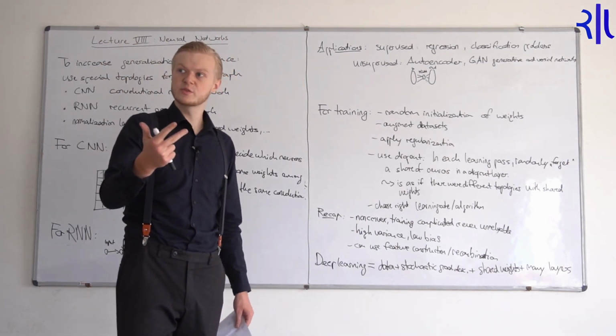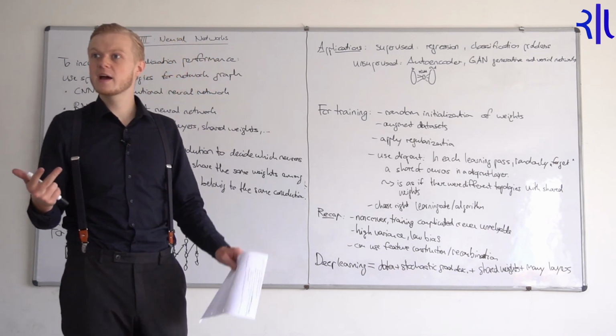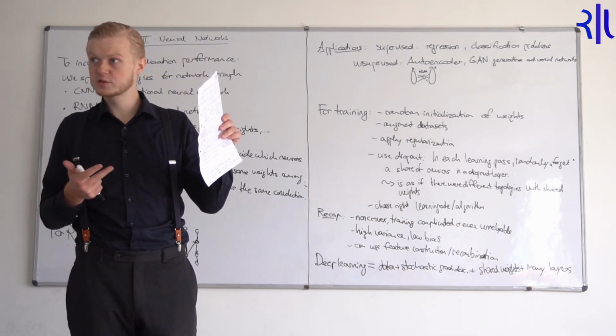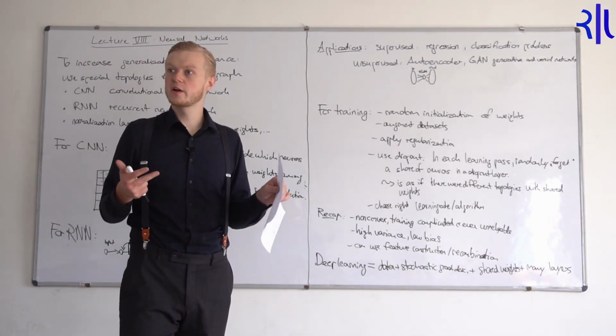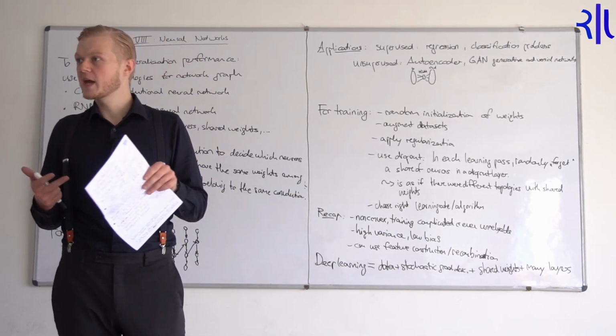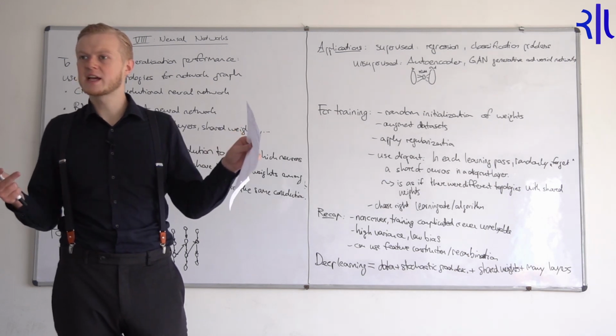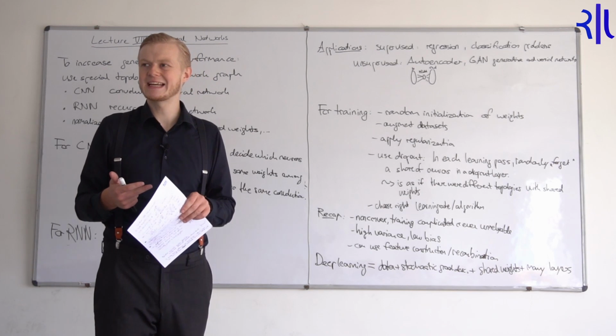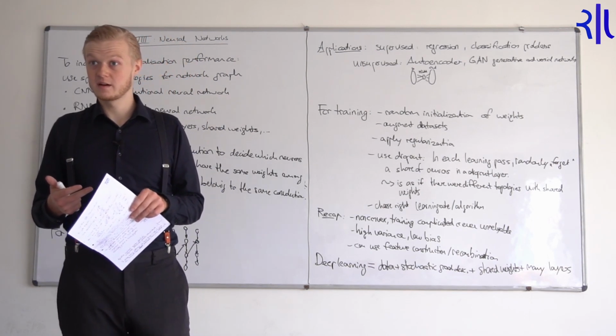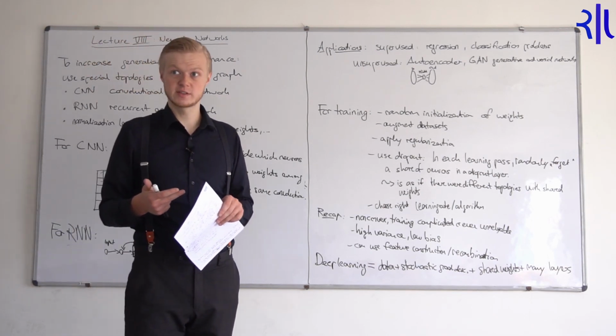So just to give you an idea, if you have 2 consecutive layers where the first layer has n neurons, the second one has m neurons, and there's a fully connected layer, you have m times n weights that you have to adjust.